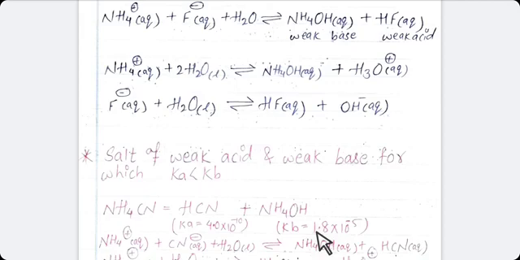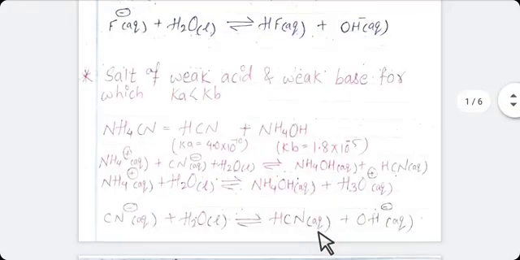Now we are taking the reaction where NH4CN, ammonium cyanide, is dissolved in water and hydrolyzed, as clearly seen by this reaction. NH4⁺(aq) + CN⁻(aq) + water gives NH4OH plus HCN, a weak base and weak acid again.